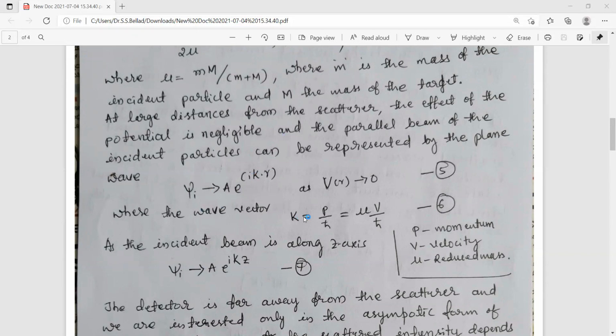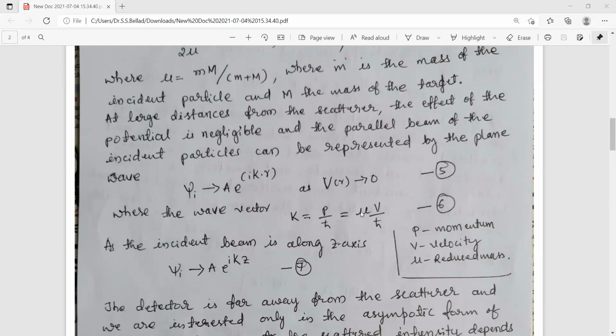is, as you know, the wave vector, or it is also called the propagation wave vector, and it is given by k equal to p upon h cross, where p is the momentum of the incoming particle. But here, since it is a relative motion, this momentum is written as mu into v.